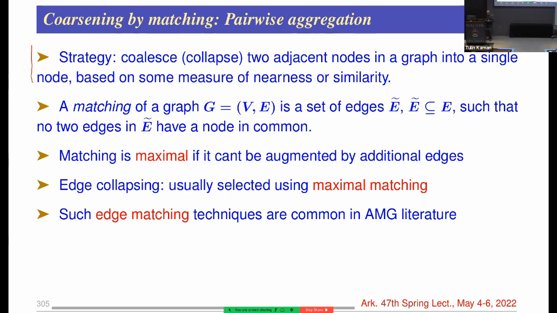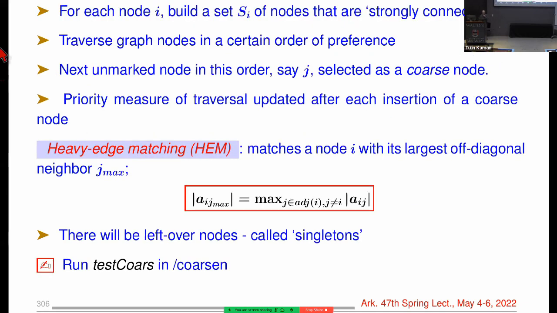That's easy enough. That's done by traversing the edges in a certain order, and that order is very important. Then you say, let's put this pair together, then the next pair, etc. That's essentially described here.